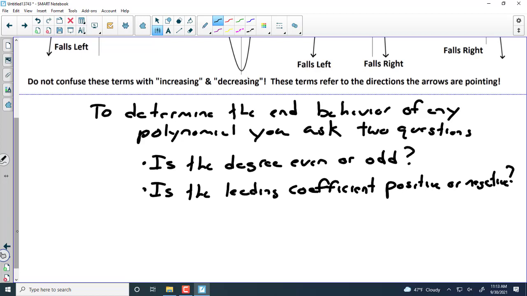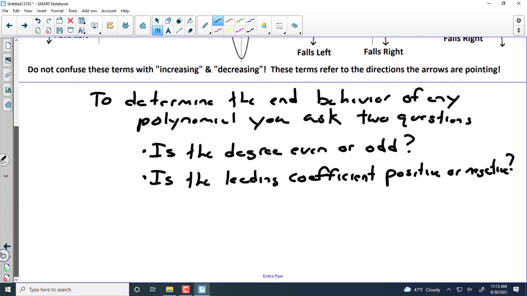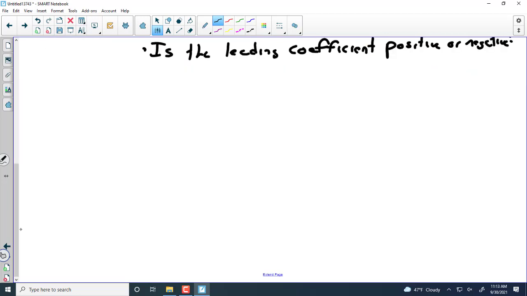Let me show you a really quick example of this, with a very simple polynomial. That's a pretty simple polynomial, but it's not that hard to analyze it using our new techniques. First of all, what's the highest power you see? This is not a trick question. 2. The degree is 2. And what's the leading coefficient? 1.